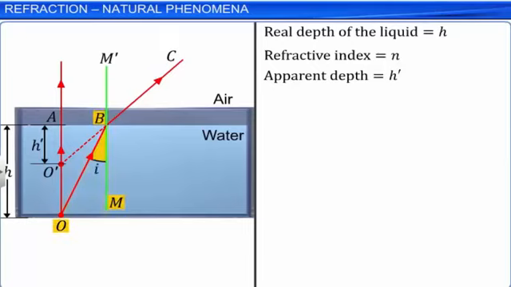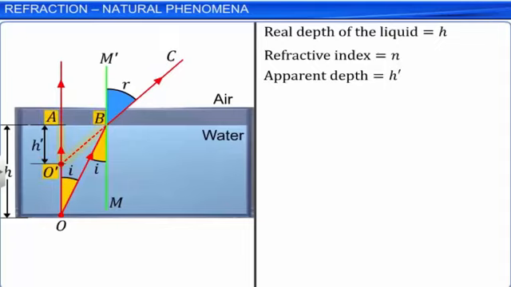Since the two angles OBM and AOB are alternate angles, they are equal. Similarly, since the two angles AO'B and M'BC are corresponding angles, they are also equal.